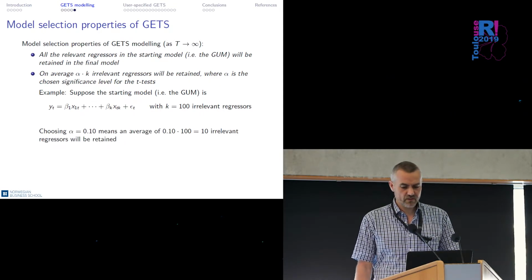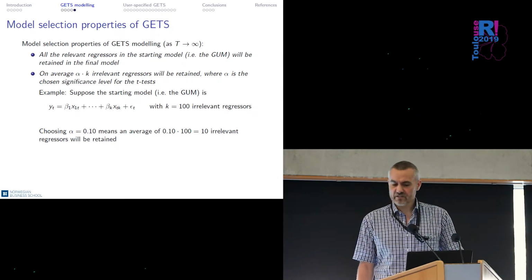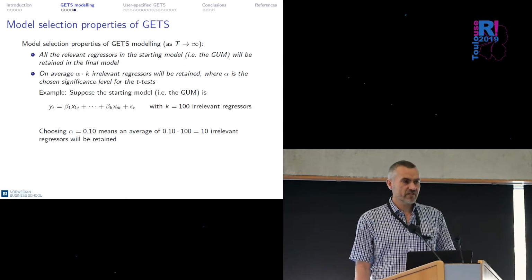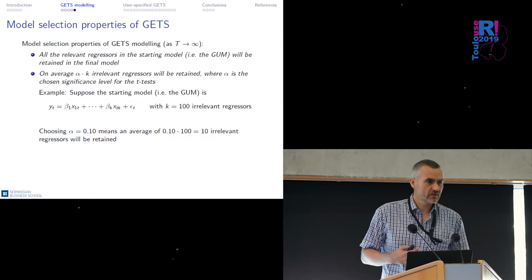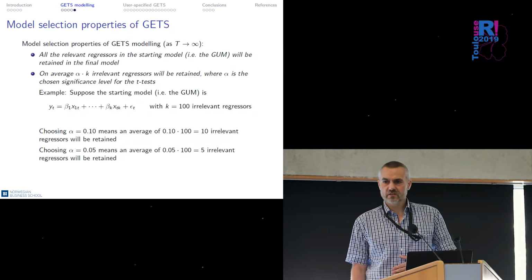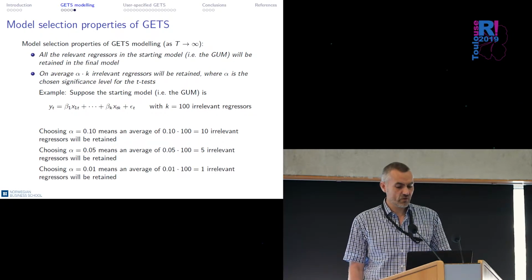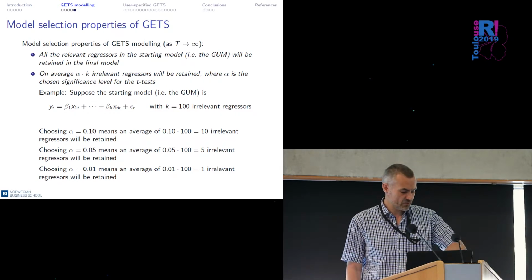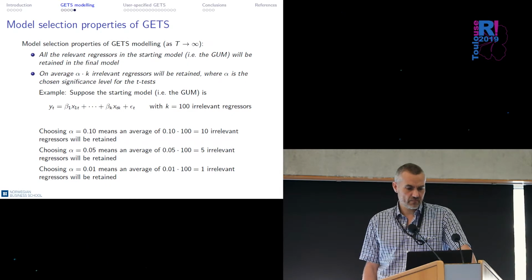Then you will, on average, retain alpha times 100. So if you choose a significance level of 10%, times 100 irrelevant regressors, then we will, on average, retain 10 irrelevant regressors. If you, as a user, think that's too much, you reduce your significance level to 5%, for example. Then you will, on average, retain at most 5 irrelevant regressors, and so on. With a significance level of 1%, you will on average retain 1 irrelevant regressor, and so on.